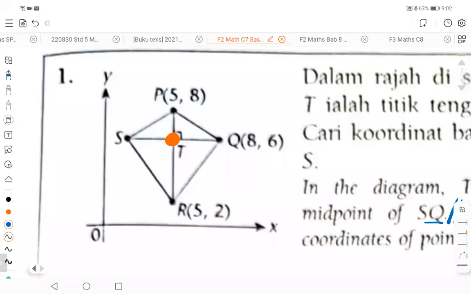Same block, same height. So what is the coordinate of point T?